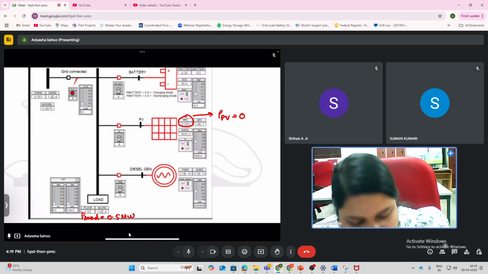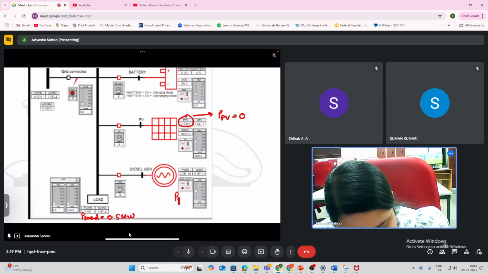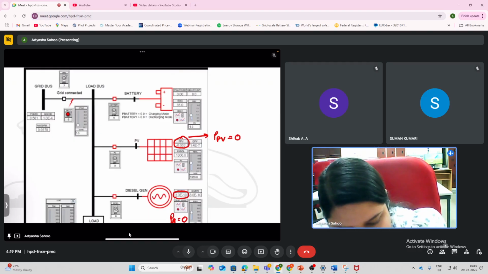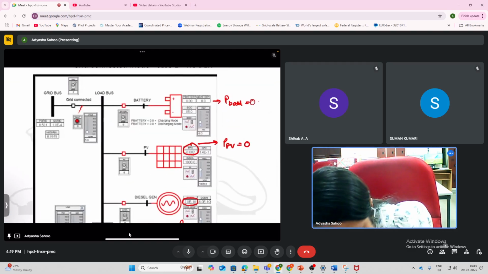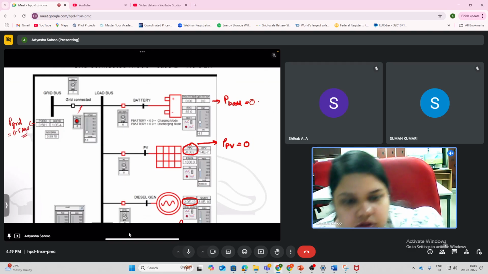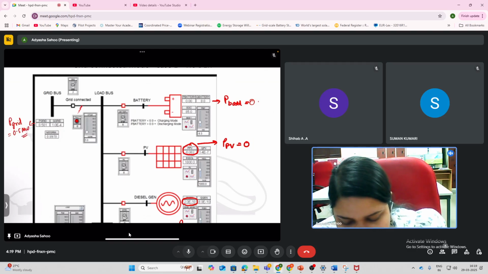This is the grid connected mode, so obviously P by the DG will also be 0, in the order of 10 to the power minus 10. The battery power is also 0 here. So the load of 0.5 megawatt is satisfied from the grid. You see here P grid is 0.5 megawatt. So in the grid connected mode, the grid is providing the power if the PV is absent.